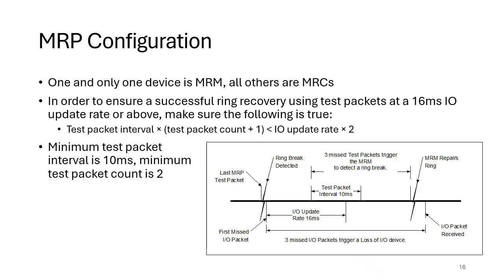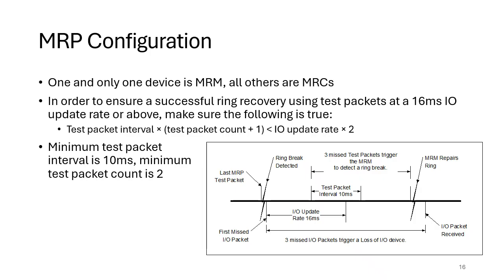And the issue here is the minimum test packet interval is 10 milliseconds, your minimum test packet count is 2, so you need to make sure that you time all of that correctly, because remember the application relationship is using 3 missed IO packets to trigger a loss of IO device. So you've also got additional test packets which are used by the media redundancy manager to detect a ring break, and you can use this diagram here to work out how to configure those to make sure that the ring break isn't detected when there actually isn't a ring break.